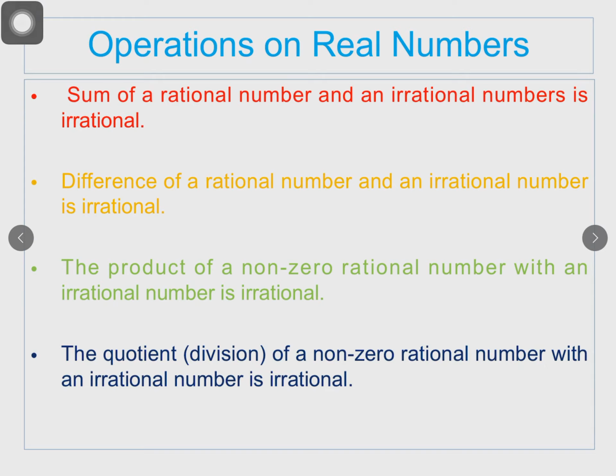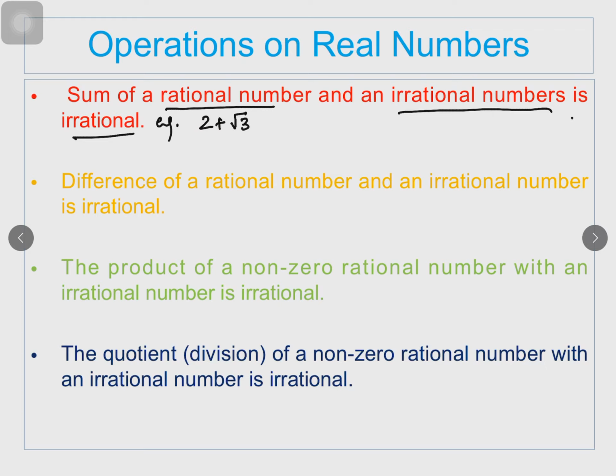First one is the sum of a rational number and an irrational number is irrational. That means when you add a rational number and an irrational number, you will get the result as an irrational number. For example, suppose we have a rational number 2 and we are adding it to an irrational number, root 3.